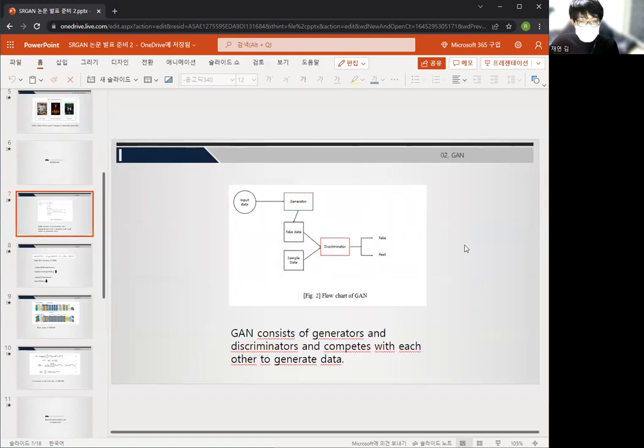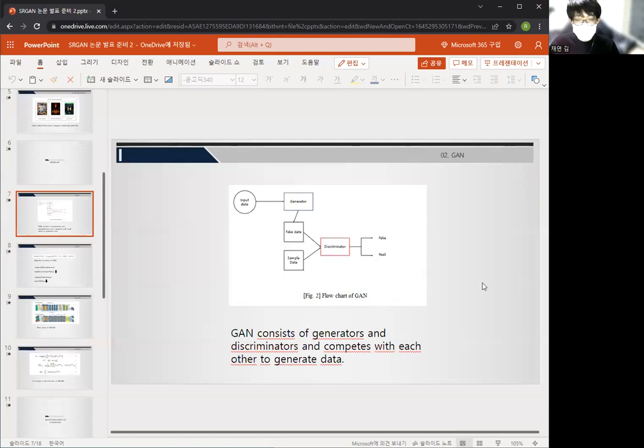First is GAN. GAN consists of a generator and a discriminator competing with each other to generate data. The generator aims to generate data as similar as possible to the input data. In the case of the discriminator, the purpose is to correctly distinguish between the generated data and the actual sample data.